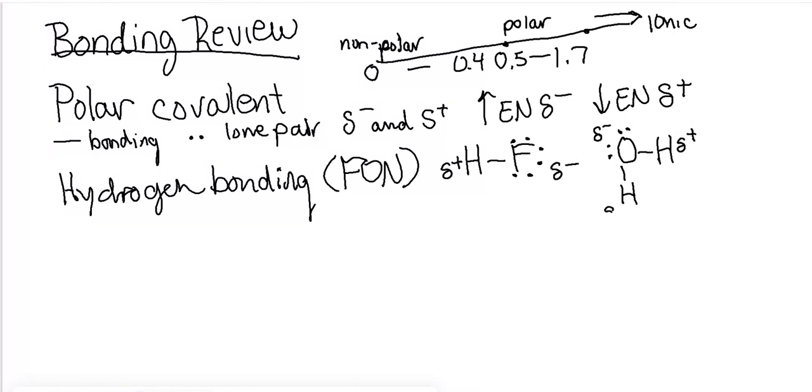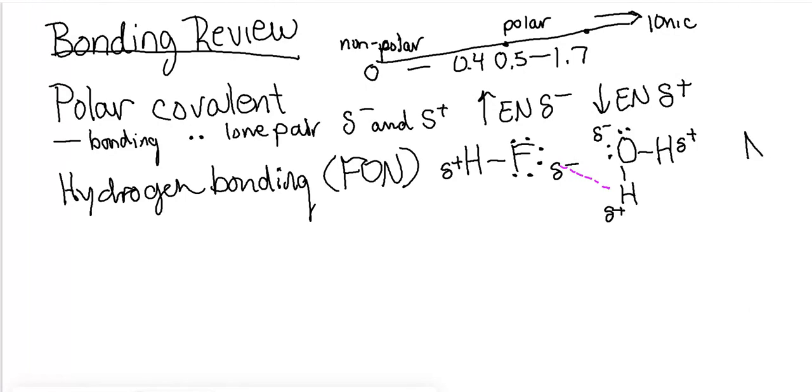Hydrogen gets the partial positive. So remember, hydrogen bonding would actually be the intermolecular force between two different molecules. So we could draw it like this. The partial positive will be attracted to the partial negative on a different molecule.